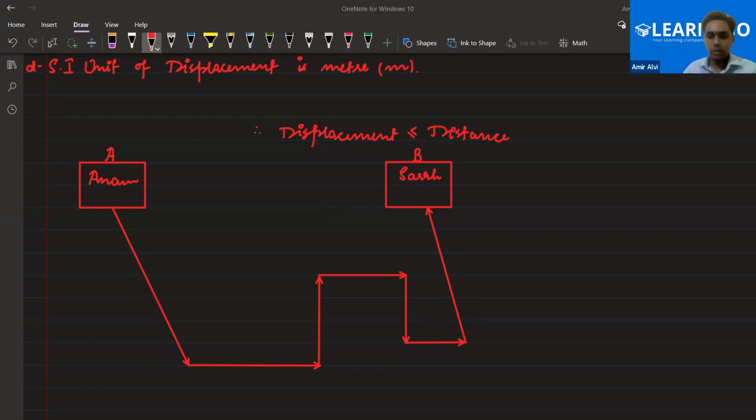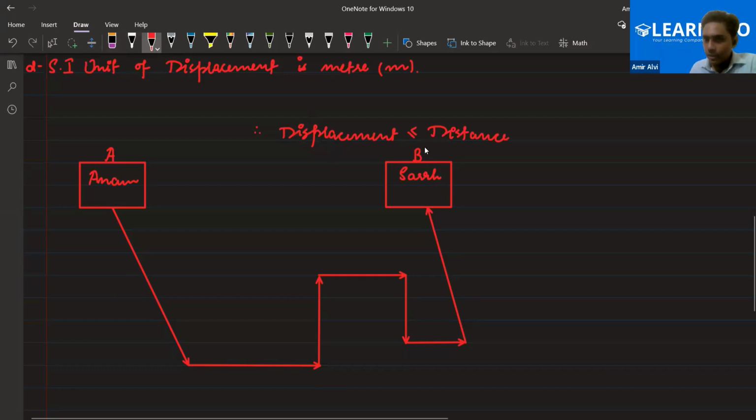Distance can be anything, and there will also be displacement. Astitva was saying distance and displacement would be the same in this case, not the same, they'll be different. Anam said displacement could be 0.